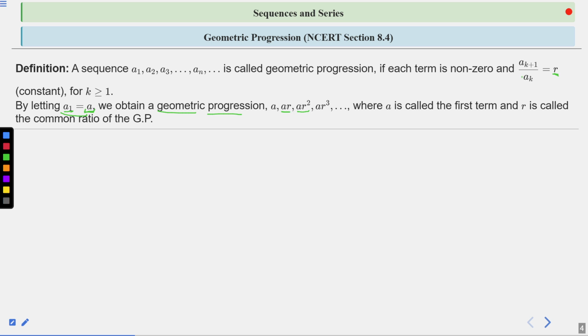Yes, satisfying the condition. Each time you are getting the quotient as some constant R. This R is called the common ratio of your GP. Simple. I hope the definition is clear to all.